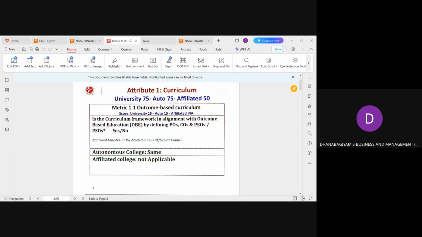When the syllabus revision happens, we can remove courses which are not beneficial to our NAAC accreditation or our students' benefit, and bring in courses that give more weightage to the students.